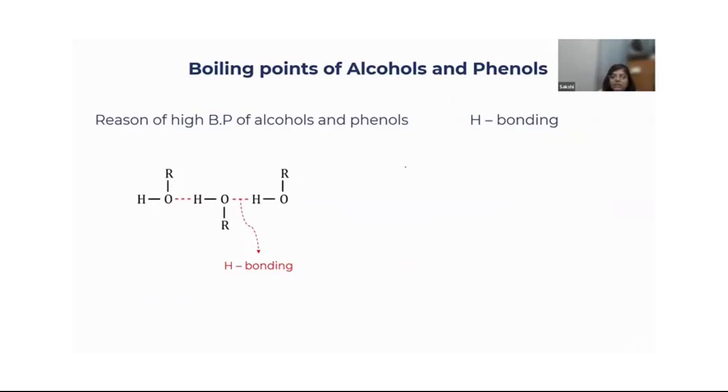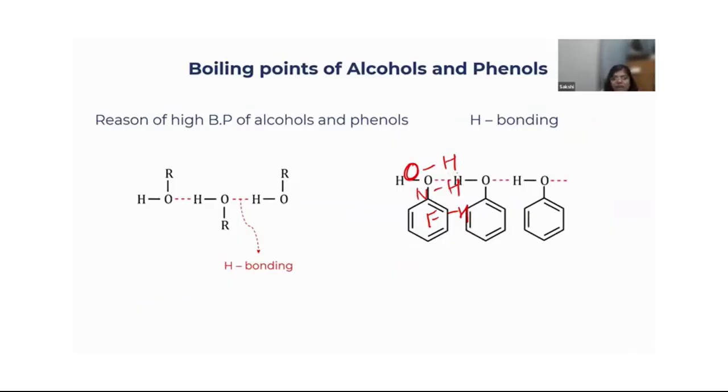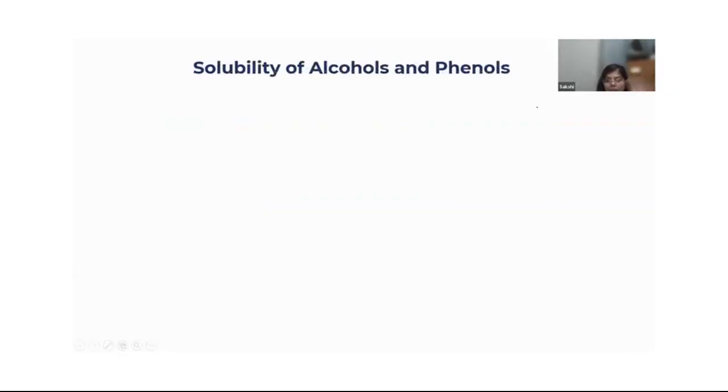Hydrogen bonding occurs only if an electronegative element like oxygen is present, between oxygen and hydrogen. It happens between nitrogen and hydrogen, fluorine and hydrogen. So this is again intermolecular hydrogen bonding between two molecules in phenol. Now this is why the boiling point is very, very high in case of the alcohols and phenols, right?